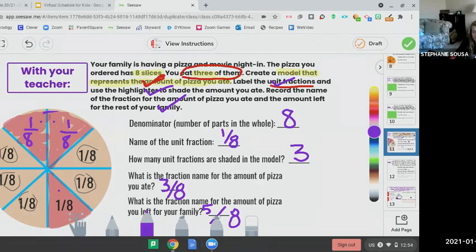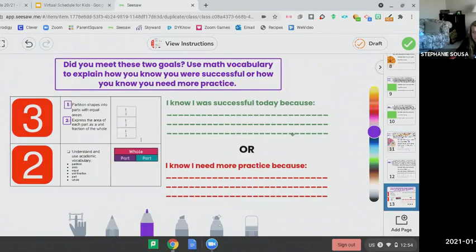That should be the kind of words that I see you type right here telling me how you know you're successful, okay? I am going to send this back to you if this is blank, or if you put something like, it was easy, or it took me a long time. I'm sending it back. That does not use vocabulary. Give me a thumbs up if you understand that. Give me a thumbs down if you have a question about it.